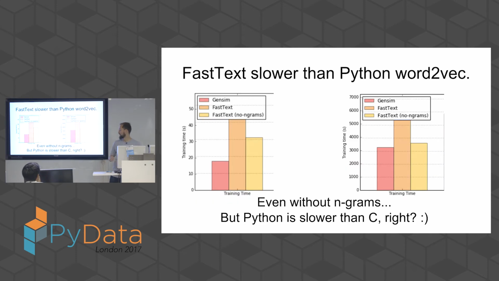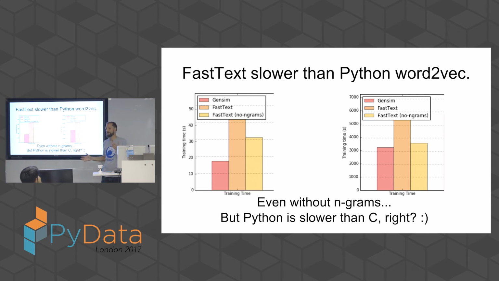Cool. So I already mentioned that fastText is slower than word2vec just because you have more vectors that you need to come up with. But the weird thing is, even if I disable this feature of having n-gram vectors to come up with, so it will just think about words, I have these two algorithms and they should do exactly the same thing. One is written in C, fastText is pure C. The other is written in Python with a little bit of Cython in the computationally intensive bits, and they should run the same.